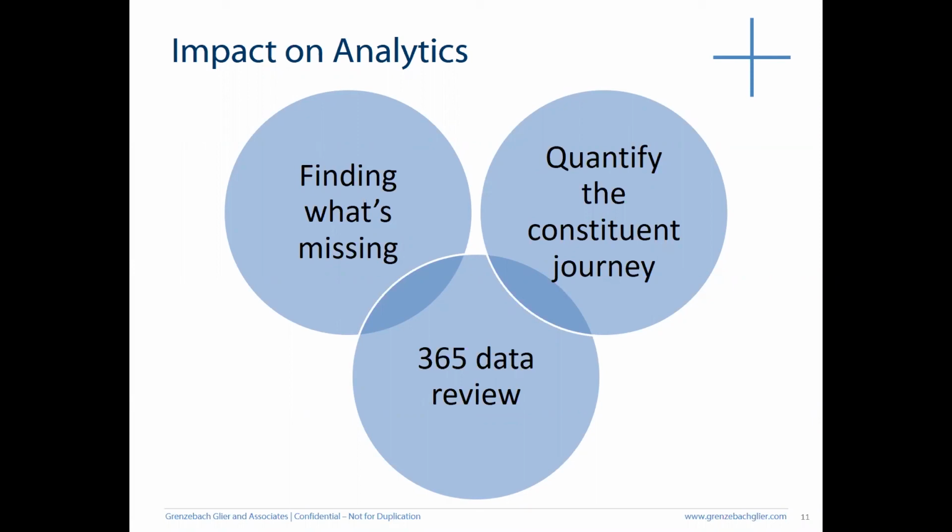On quantifying the journey in the view, I have had a few organizations that have been able to actually work through data audits and using data to identify the highest valued constituents based upon the point of entry to the organization.